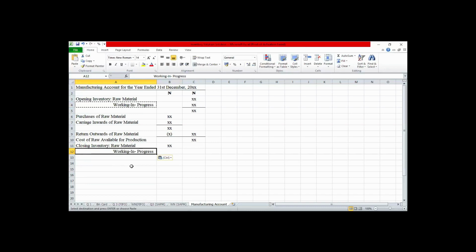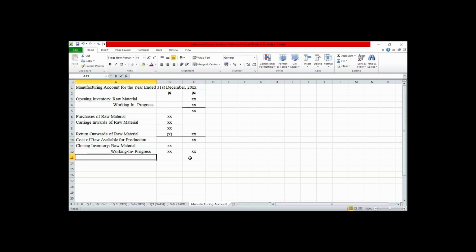This one is for closing, while the other one is opening. Is that clear? We add the two of them together and less it from our cost of raw material available. In that situation, we now get what we call cost of raw material consumed.